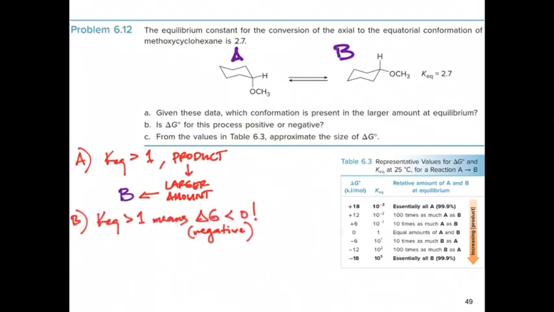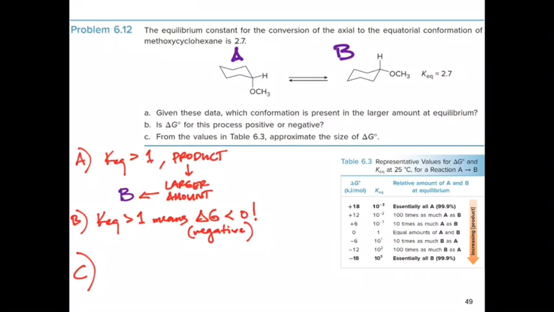And finally, for part C, from the values in table 6.3, approximate the size of delta G. All right, so for part C here, you can see that we have KEQ, which is 2.7. So when you look at the value of delta G, it would be somewhere between 0 and negative 6, because our KEQ value is between 1 and 10.